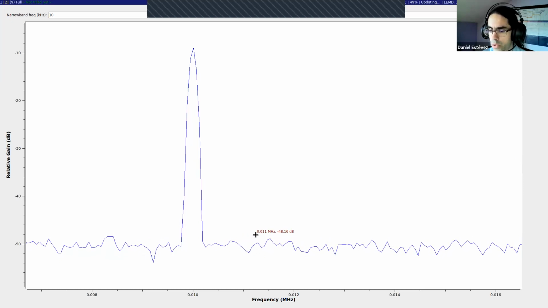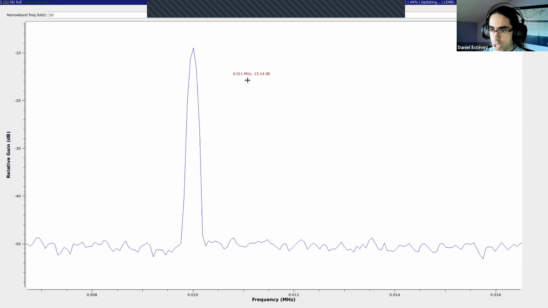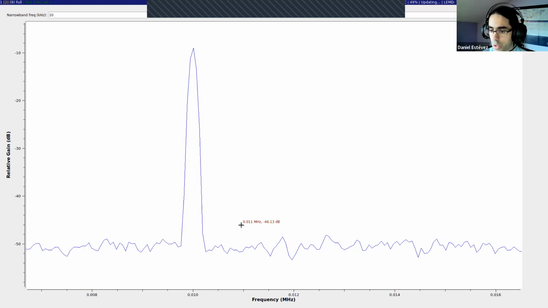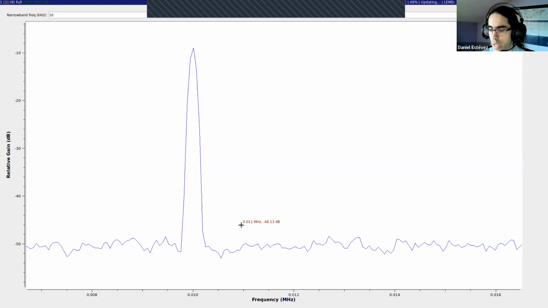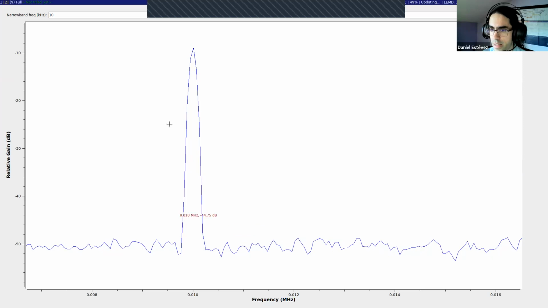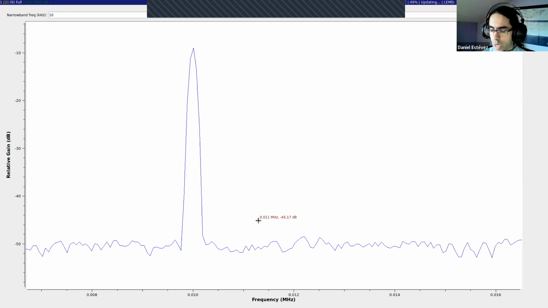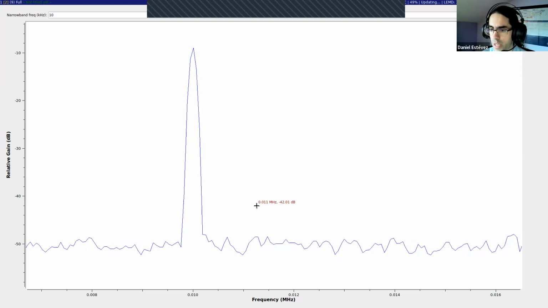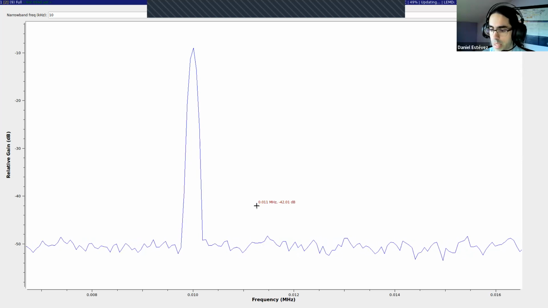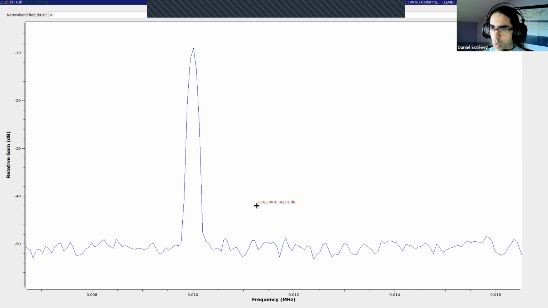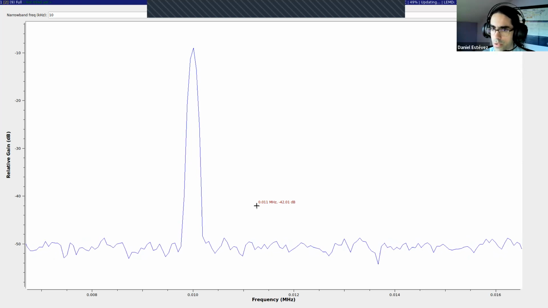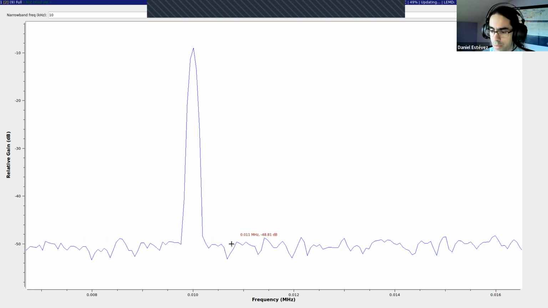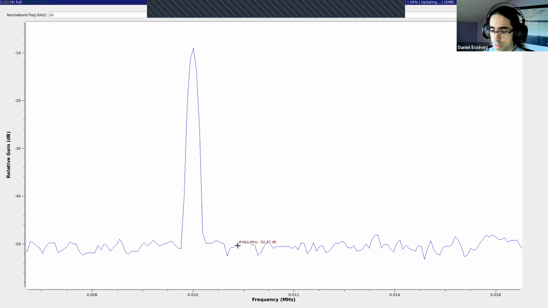If I want to compute how much power the signal has compared to the noise in 1 hertz, what I have to do is multiply that 10,000 times by 61 hertz, because if the signal is 10,000 times more powerful than 61 hertz of noise, it will be 61 times 10,000, so 610,000 times more powerful than 1 hertz of noise.